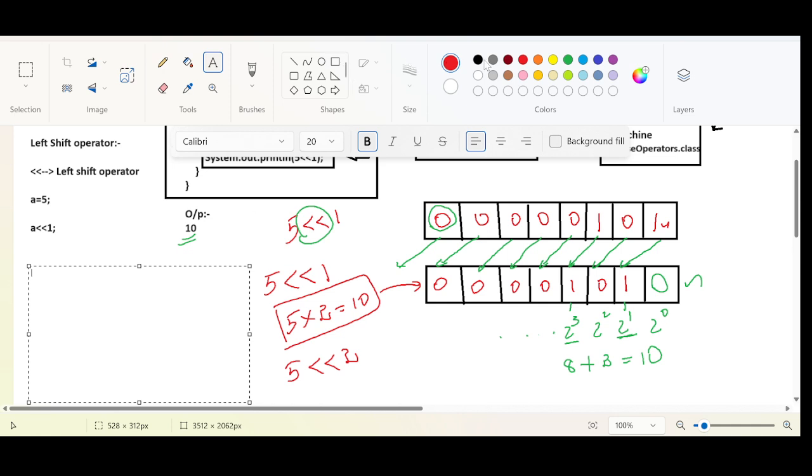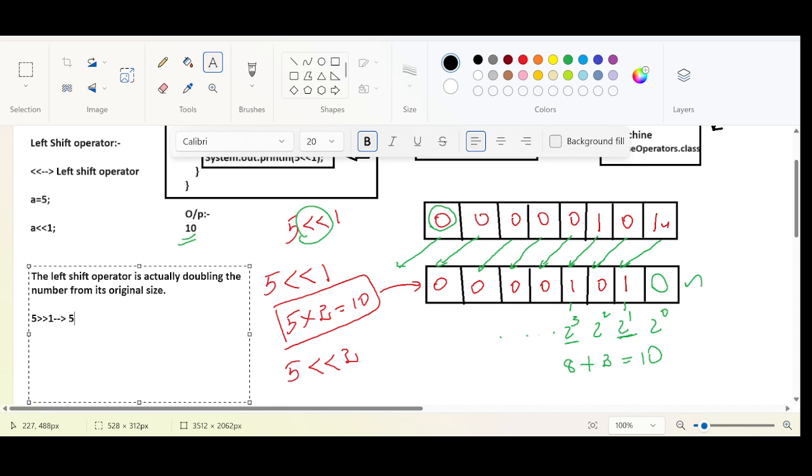So the left shift operator is actually doubling the number from its original size. Example, if you do 5 left shift of 1, 5 is getting doubled.